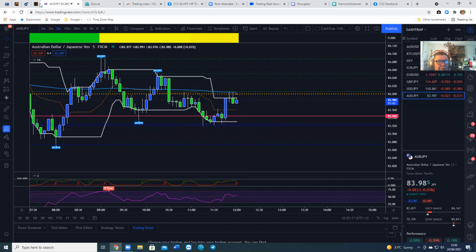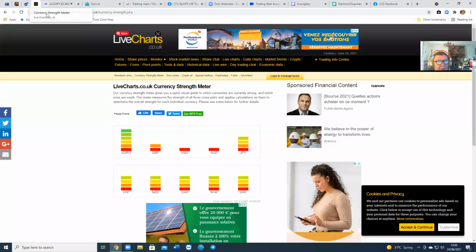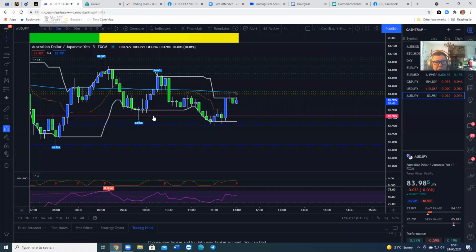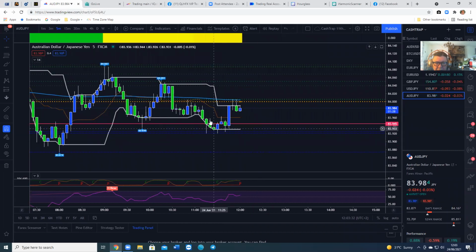Bearing in mind, when we come up to lunchtime, my thinking is always New York reversal, so thinking that the Australian dollar probably wants to get stronger in the afternoon if it's been going down in London. But that's what's happening on that at the moment.